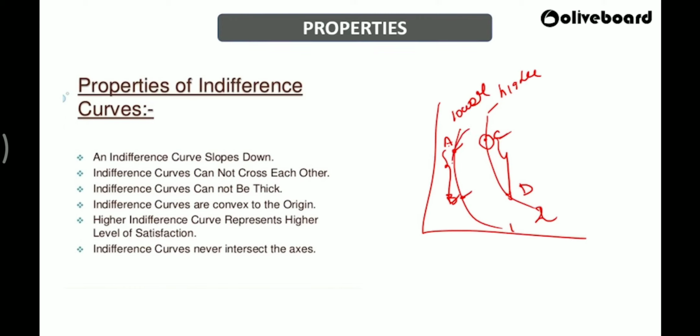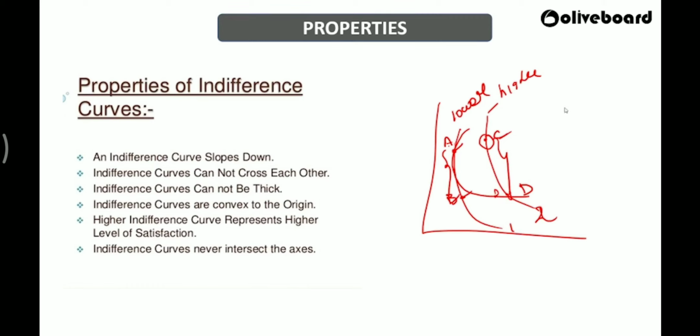Now tell me, if the curves cut each other, then what happens? Along the indifference curve, it gives the same level of satisfaction. So if I say it gives the same level of satisfaction, then with D here too, that entire logic becomes absurd. If I say A is the same and D is also the same, does it make sense?